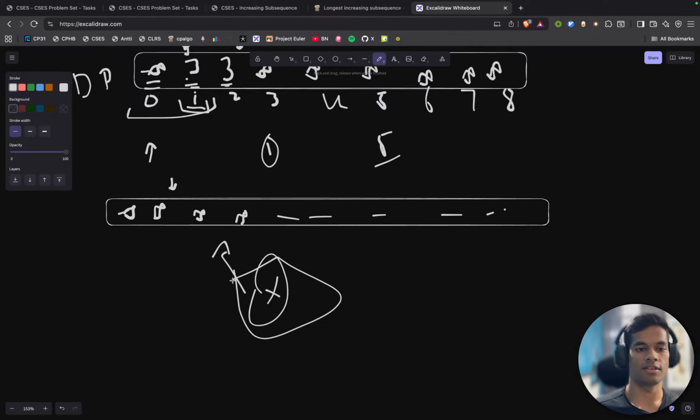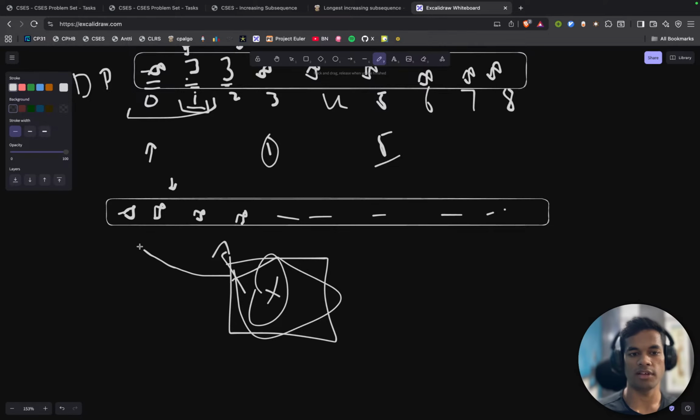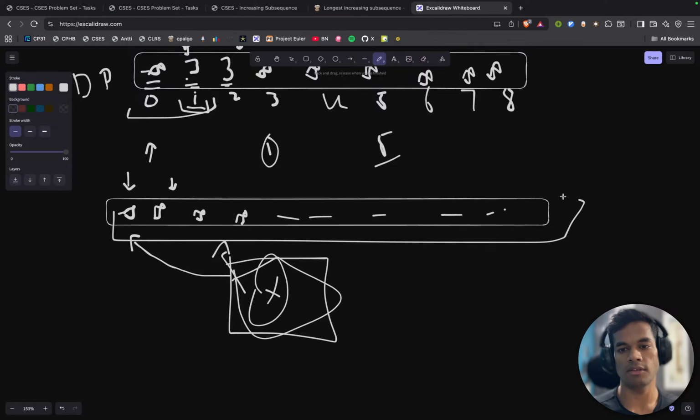The biggest number that is smaller than x. Yes, and I will see that it is some number here.